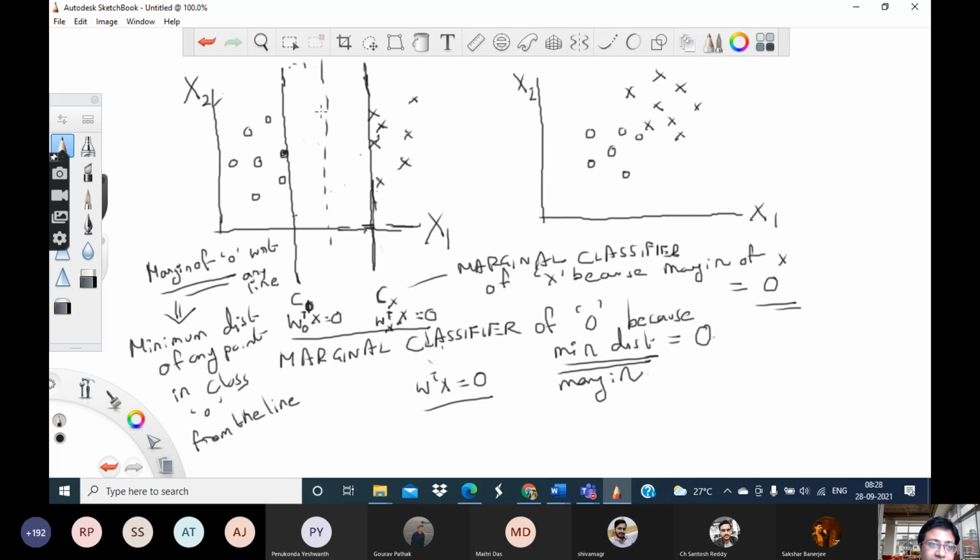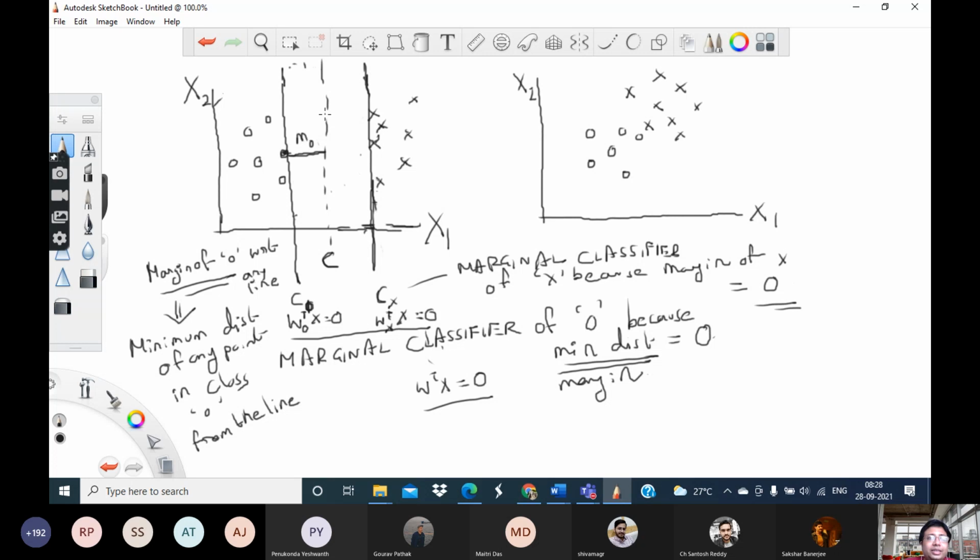Now if I consider any other line, let's say C, then what is happening? Of course, the margin of the circle class with respect to this line C has got to be this distance, right? All the points have some distance from C, but this one is the closest one. So let me call this M circle.